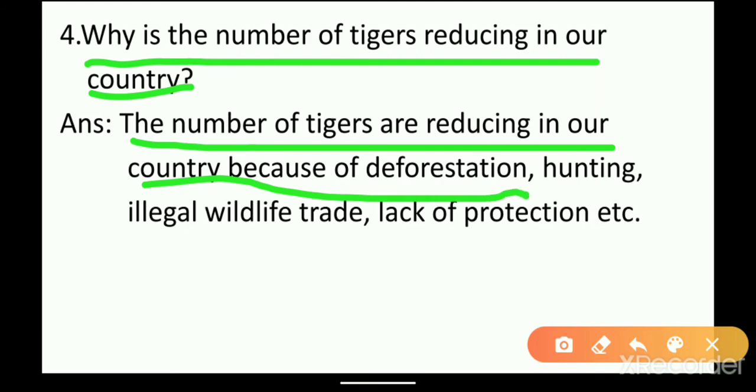Because of cutting down the trees, there is a reduction in animals. Hunting, most of the animals are killed for eating and other purposes. Illegal wildlife trade, so illegally we are sending animals from one place to another. Lack of protection, etc. There is not proper protection for the animals.